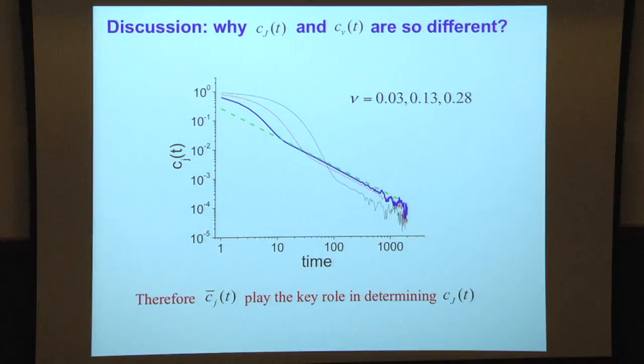This figure I want to show you is that the tail part should also be determined by the second term, because the first term is very similar to the velocity correlation function, which also decays, even in the high density case, faster than the power law.